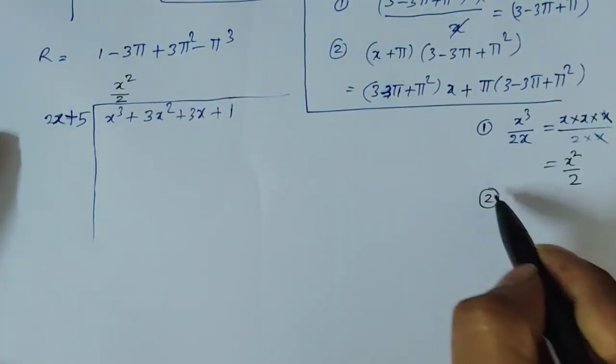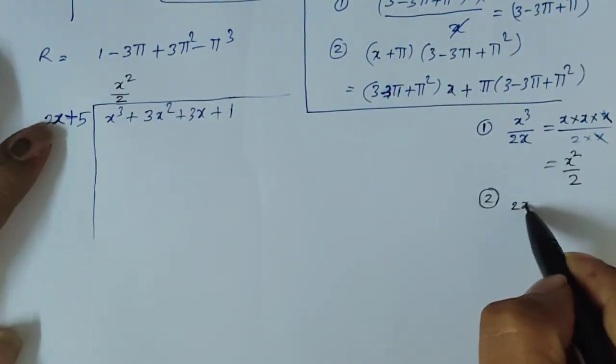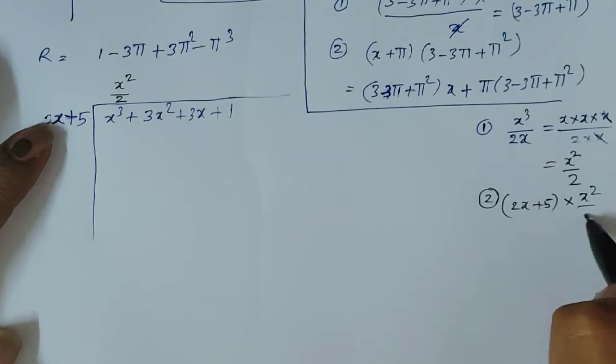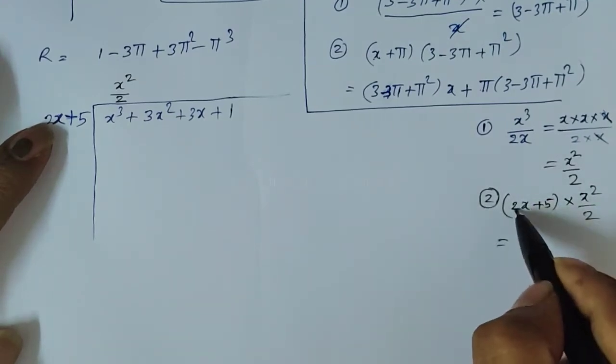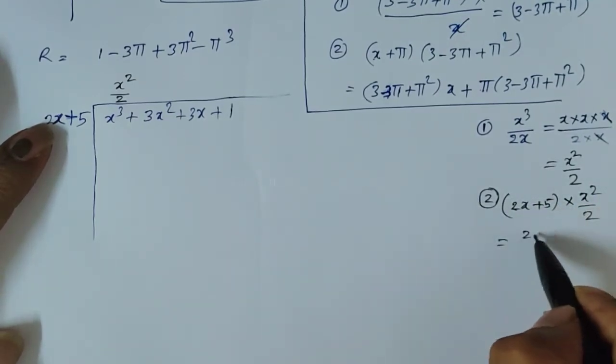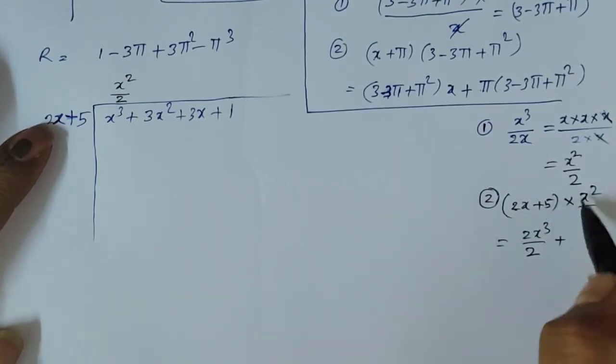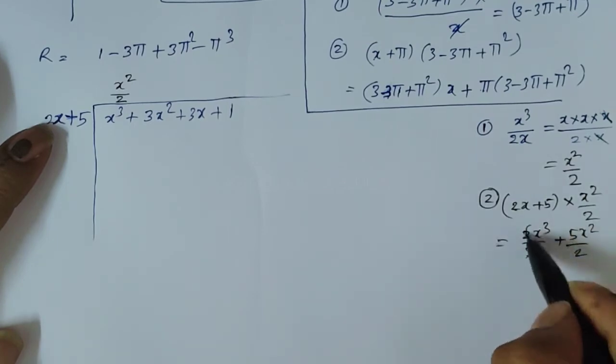In the second step, the divisor 2x plus 5 should be multiplied with what we got in the first step, x square by 2. So 2x into x square by 2 is x cube, plus 5 into x square by 2, 5x square by 2. Here the 2 gets cancelled.